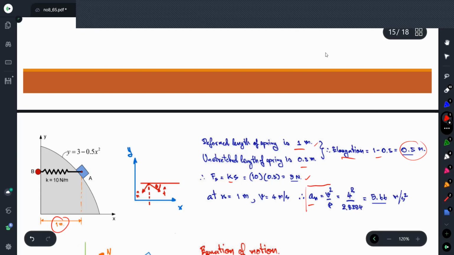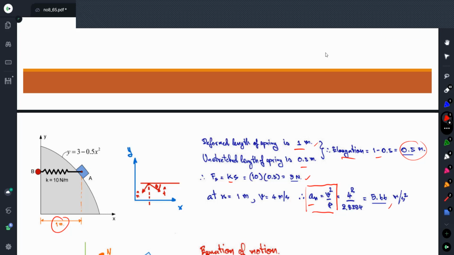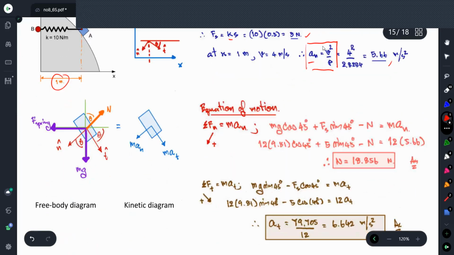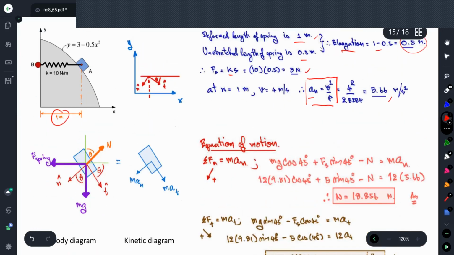That is normal acceleration becomes v squared over rho, and we obtain the normal acceleration equal to 5.66 meter per second squared. Okay, so now we already complete the kinematic part, that we already have the essential information about the acceleration and the force in each direction.